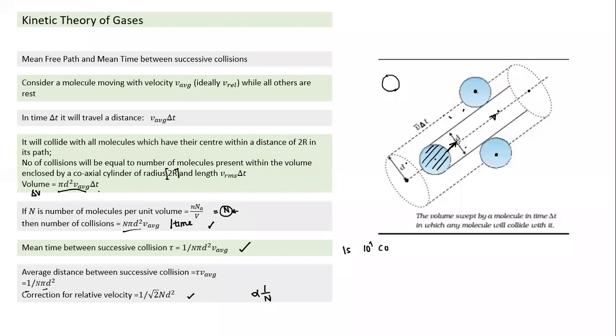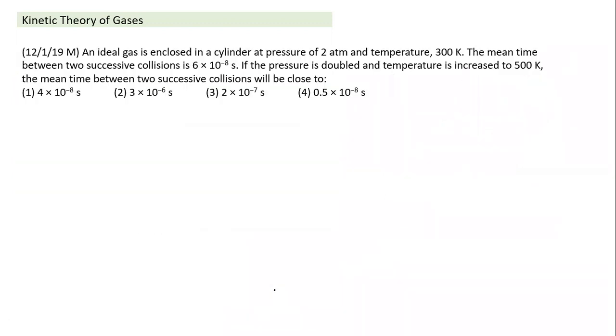So if we change any parameter of the gas, the number of molecules per unit volume will change. So just understand that the average distance between successive collisions is inversely proportional to molecular density. What is molecular density? Number of molecules per unit volume. That's all I'll keep in mind.